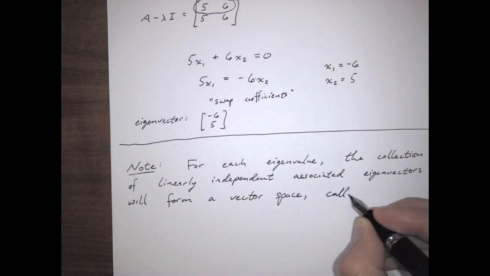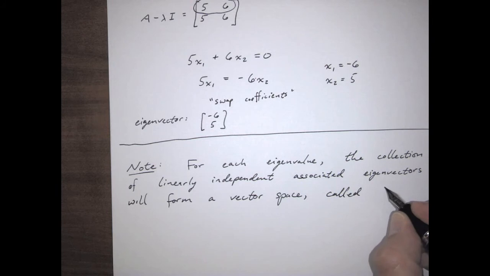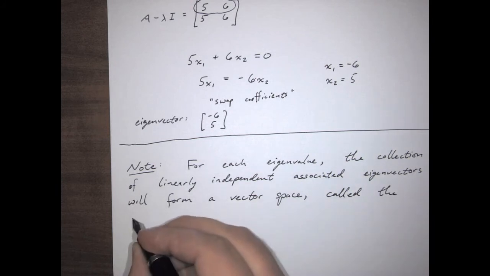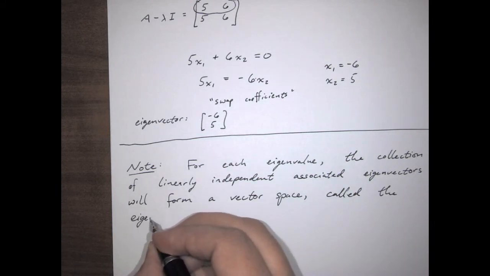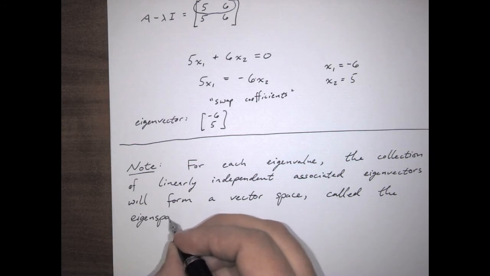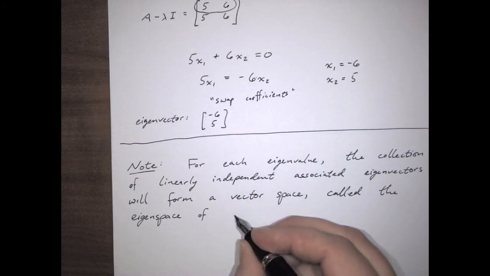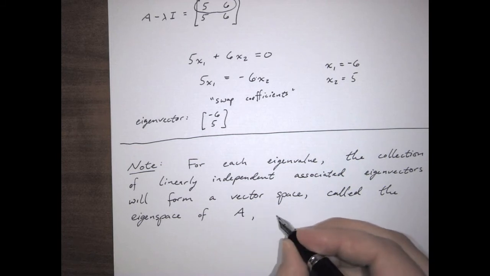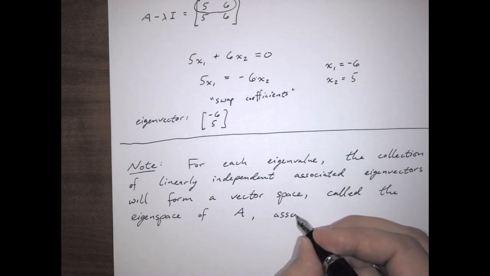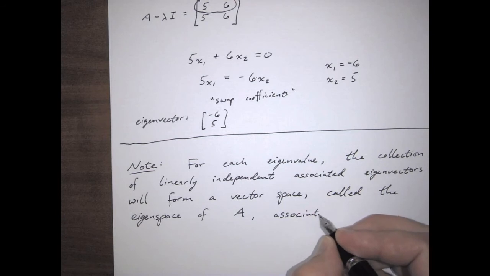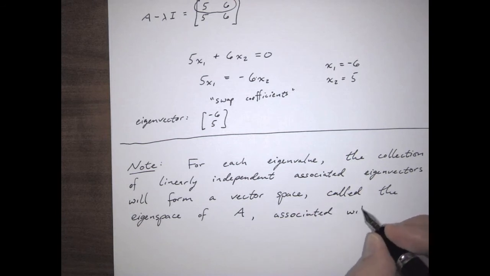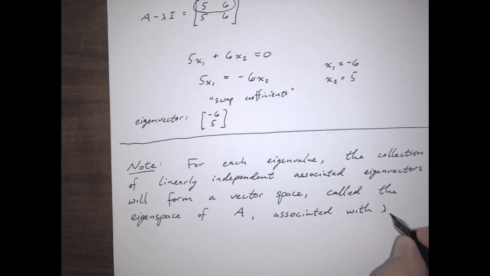And we'll call that the eigenspace. The eigenspace of A associated with lambda, or corresponding to lambda.